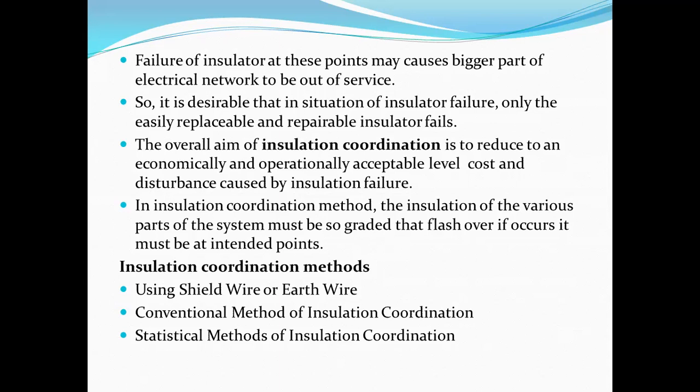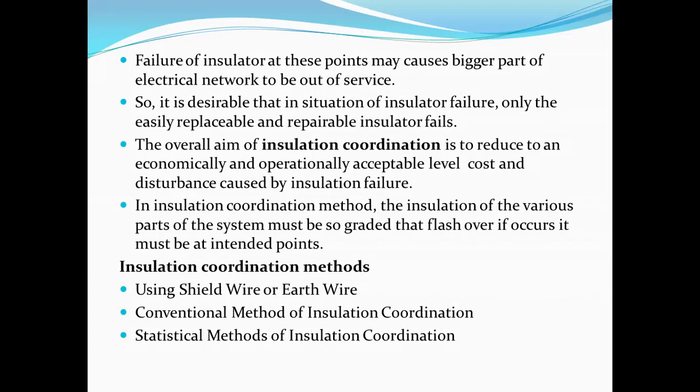So it is desirable that in a situation of insulation failure, only the easily replaceable and repairable insulators fail. We have to take care that if the insulation fails, it is an insulation that is easily repairable and replaceable. If such insulation fails, there will not be any problem.